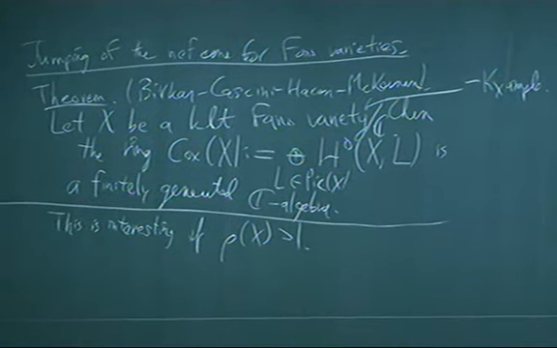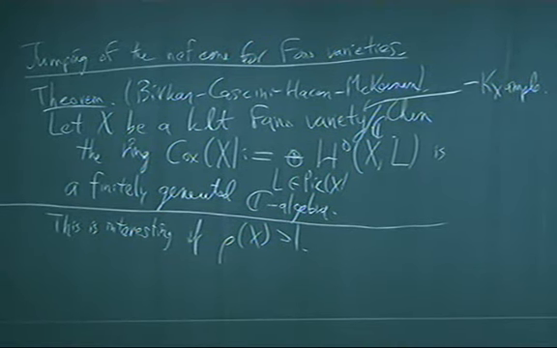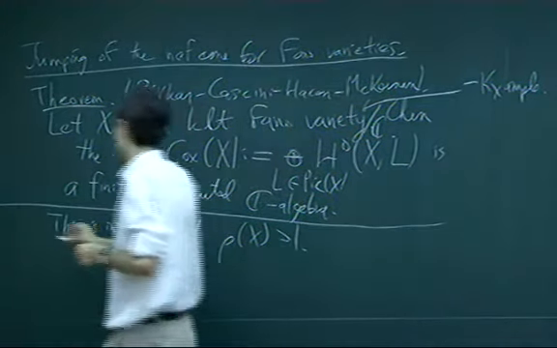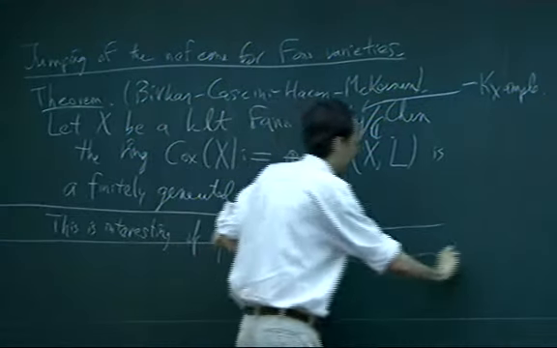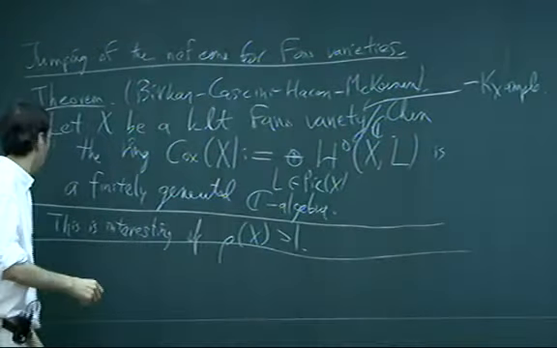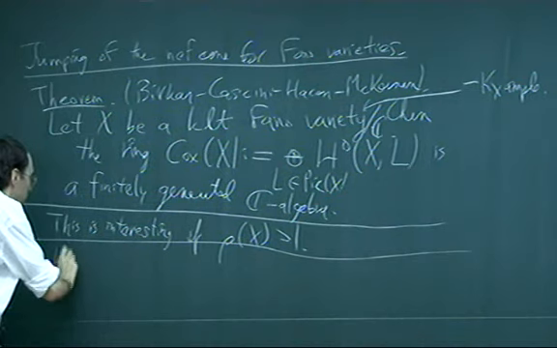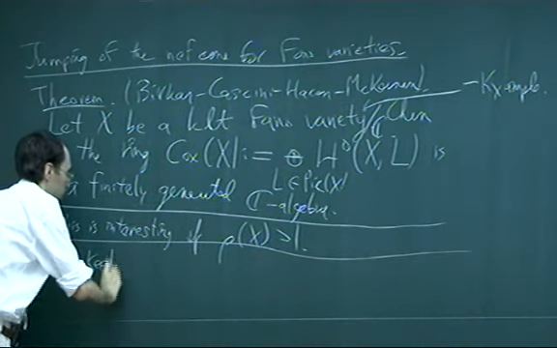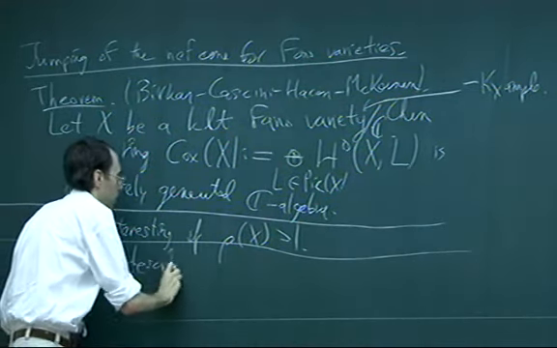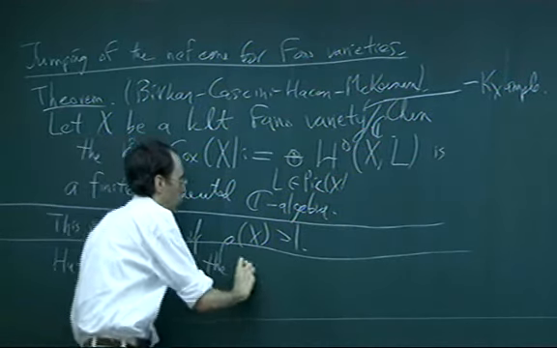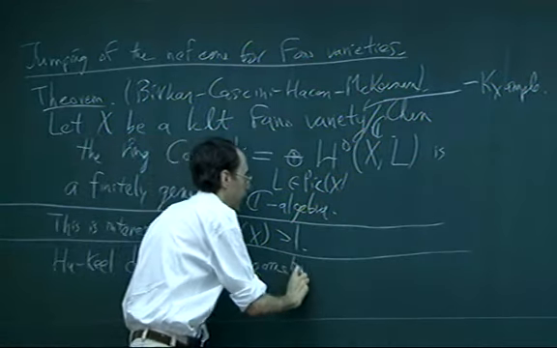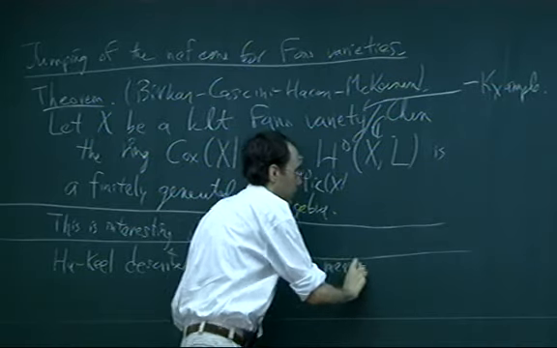Okay. So there's a more geometric way to formulate this by Hu and Keel. So this is a much more elementary result. It describes what it means for any projective variety to have a finitely generated Cox ring.